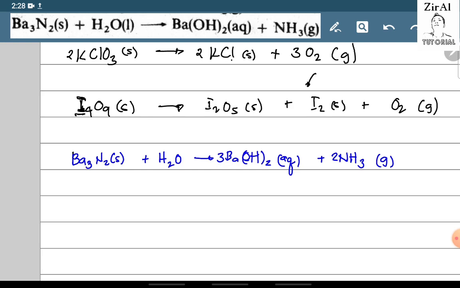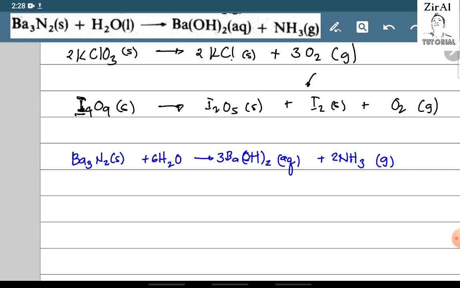And 2 hydrogen times 3, that would be 6. So 3 times 2, I mean 6 hydrogen atoms for the barium hydroxide, and 6 atoms for your NH3 or ammonia. Here we have 2, so probably we have to make it 6. 6 times 2, that would give us 12. So 3 times 2, 6.